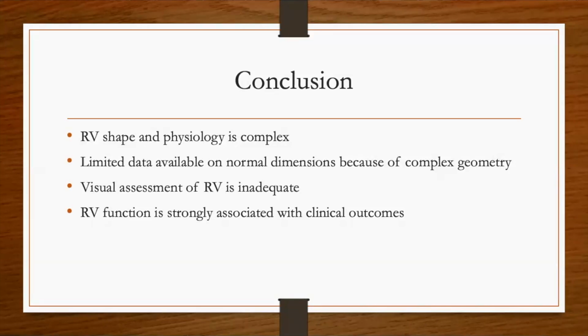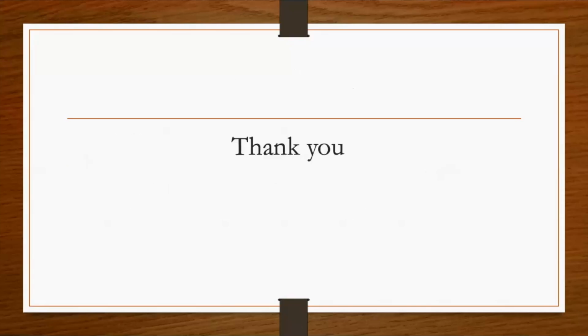Although the different methods have their own limitations, there has been quite a bit of data that RV function is associated with clinical outcomes and survival. So we'll see if new guidelines come in the next year or two, and if that changes things clinically. Thank you very much.